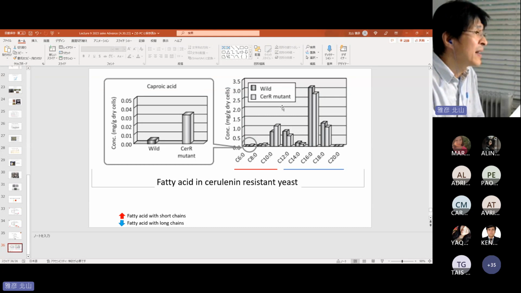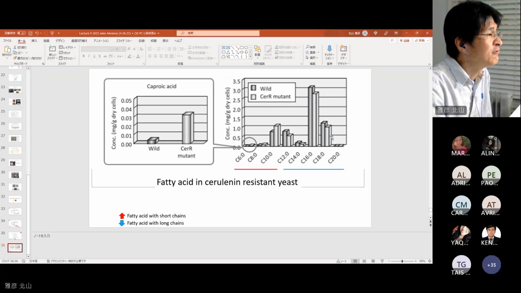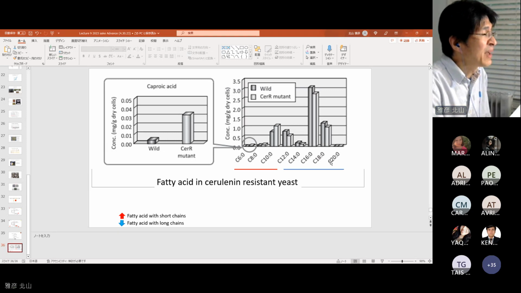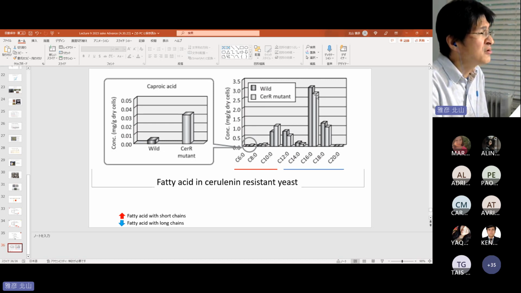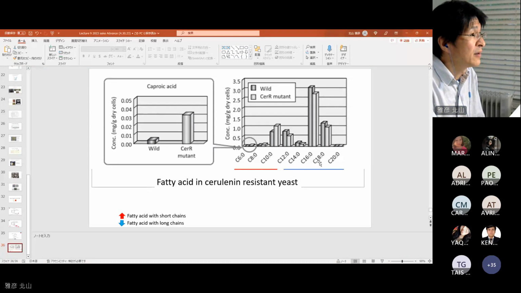So it means, on the right side of the bar, for the amount of each fatty acid, the mutant has less long chain fatty acid, C18 and C16, but it has more short chain fatty acid.